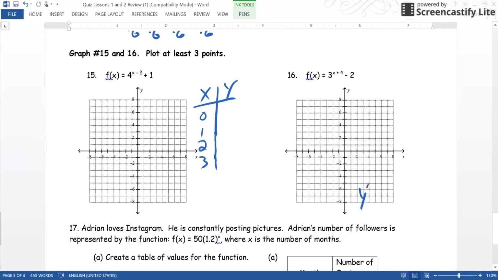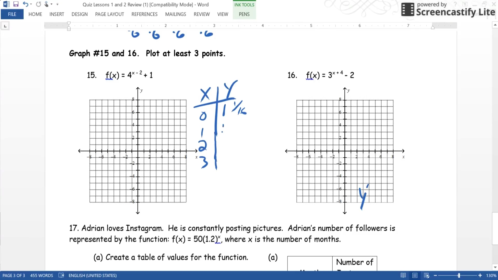Let's do 4 points. So at 0, when I put a 0 into there, I get 4 to the -2, which is 1/16. So 1 and 1/16. Or you can do the decimal.